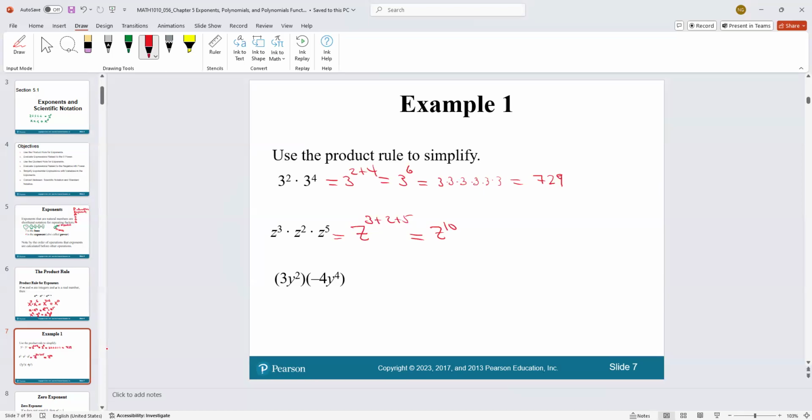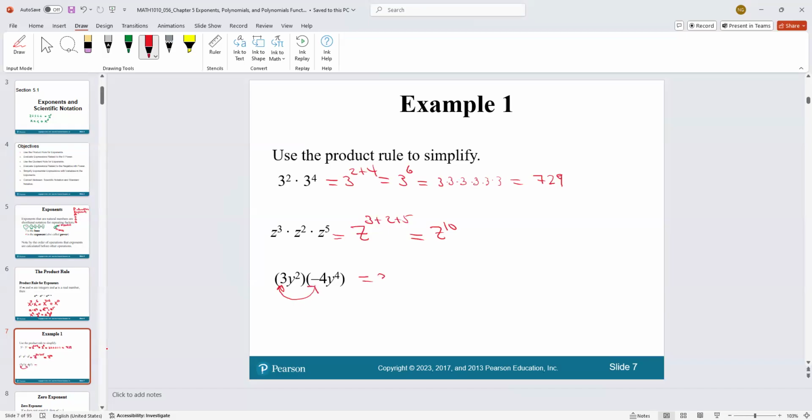Not all the time are you going to find only one variable or only one base that can be numerical. Sometimes we can combine like terms. For example, in the third example, we see that 3 and negative 4 are real numbers.